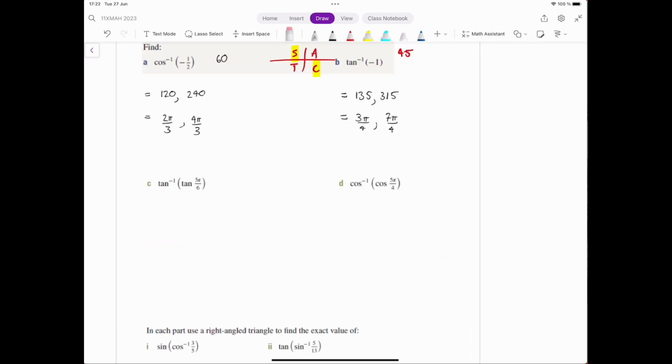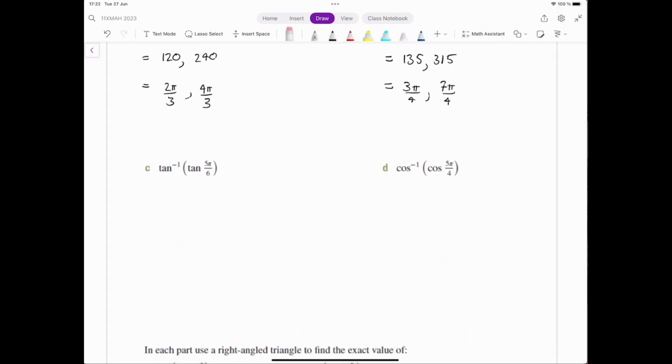Okay, to find tan inverse of tan of 5 pi on 6, we're going to realise that tan of 5 pi on 6 is equal to minus tan of pi on 6, because 5 pi on 6 and pi on 6 are equivalent in terms of our angles, and tan is negative in the second quadrant.